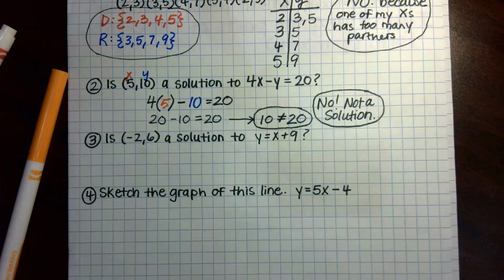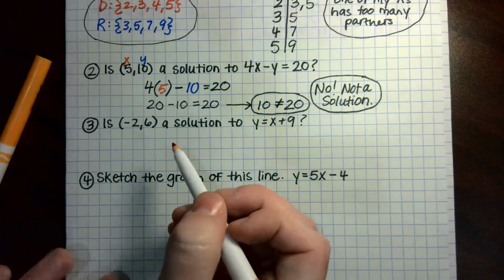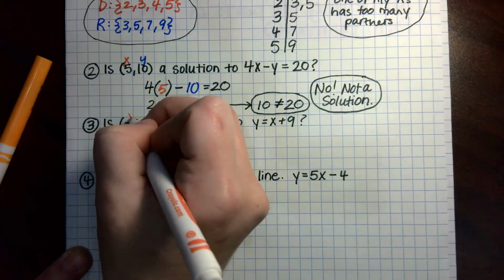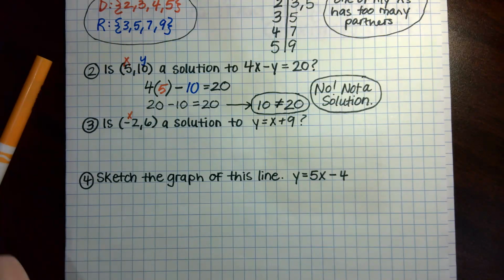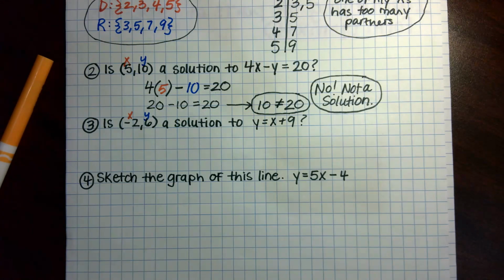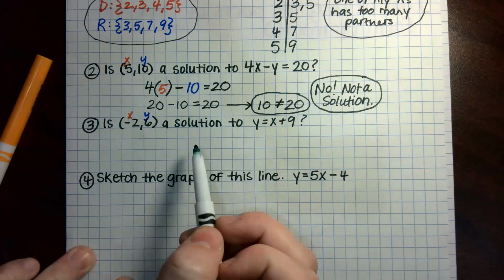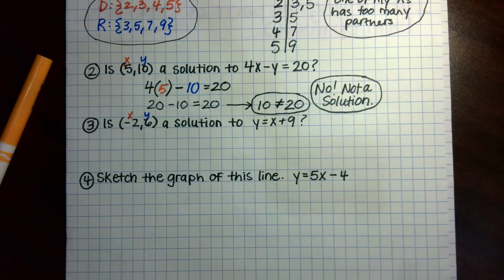Okay, let's move on. Number 3 is a very similar problem. I'm going to label my x and my y again just so I don't lose track. Okay, I have (-2, 6), and I want to know, is that a solution to y equals x plus 9? What is my first step? Yeah, we're going to plug our numbers in.